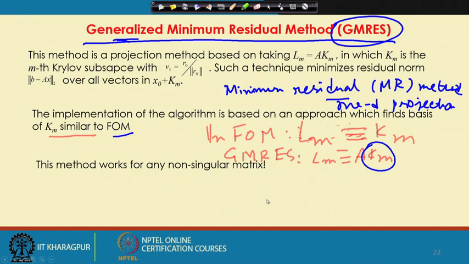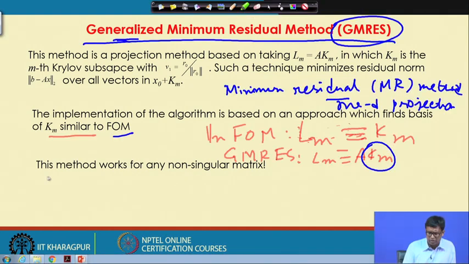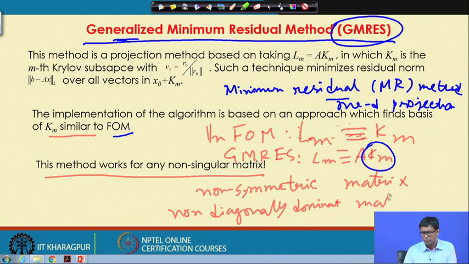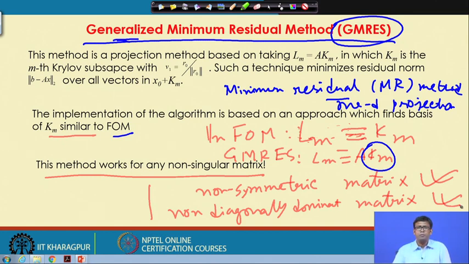And the best thing about this method is that it works for any non-singular matrix. So, we are now not limited to symmetric matrices. For non-symmetric matrices, for non diagonally dominant matrices, this method works for all these matrices. If you remember, the minimum residual method was also effective for all these matrices.